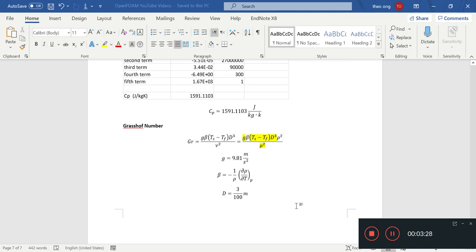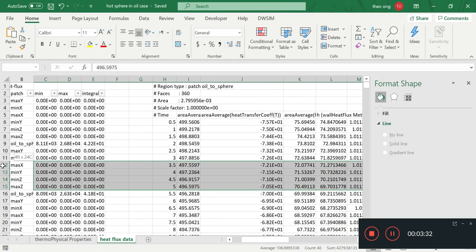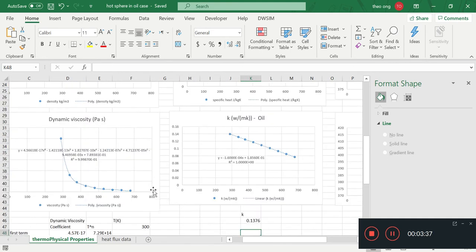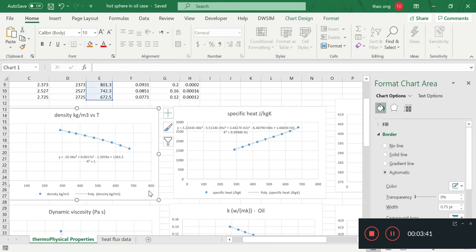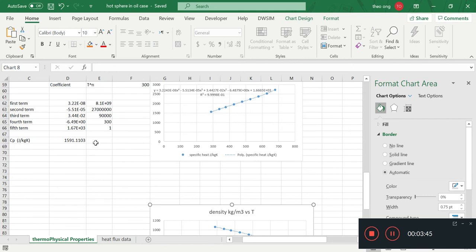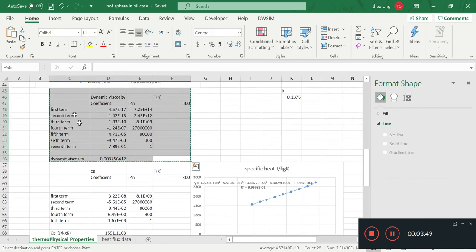So let's take a look at density. It might take a while, but let's take a look at density versus temperature, and this is it. And then we'll just do the same old trick again that we did in the last video.